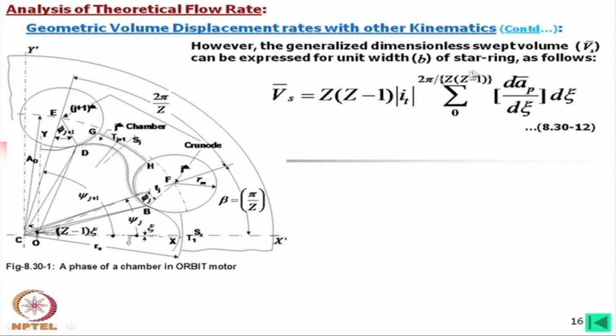This is the flow rate, volume in, and we integrate up to this angle, and then we simply find out. So, I would say it is rather a complicated form to find the swept volume, but automatically from the flow rate we should be able to get the swept volume. This is shown here, but I will show you the simplest way of calculating the swept volume.